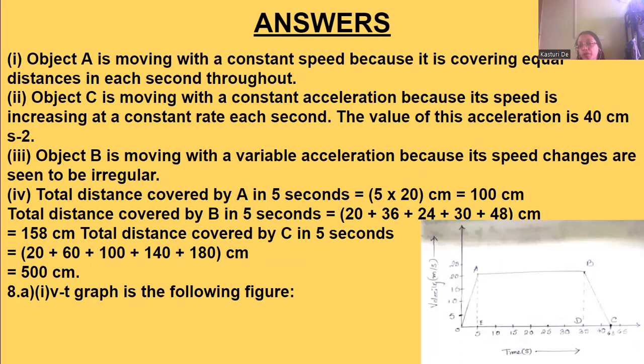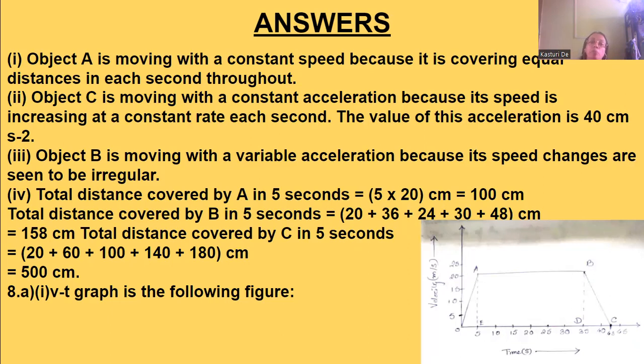Object C is moving with constant acceleration because its speed is constantly increasing at each second. After every second, the speed is increasing at a constant rate. That's why it has a constant acceleration. Now the value of this acceleration is 40 centimeters per second square.